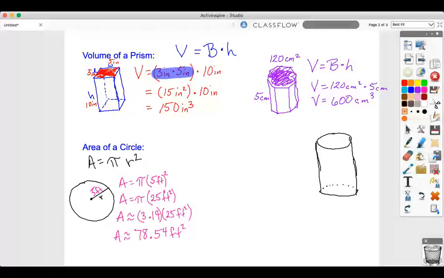So sometimes, again, you'll be given a circle, and you're not given the radius. You're given what's called a diameter. And the diameter is the distance straight across through the center. So this is the diameter.